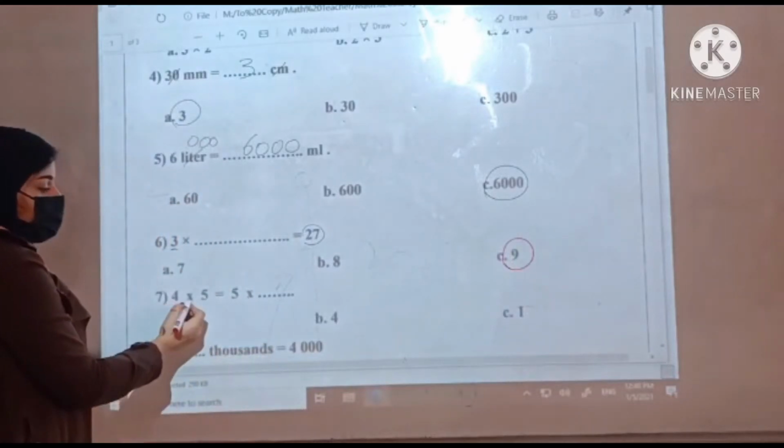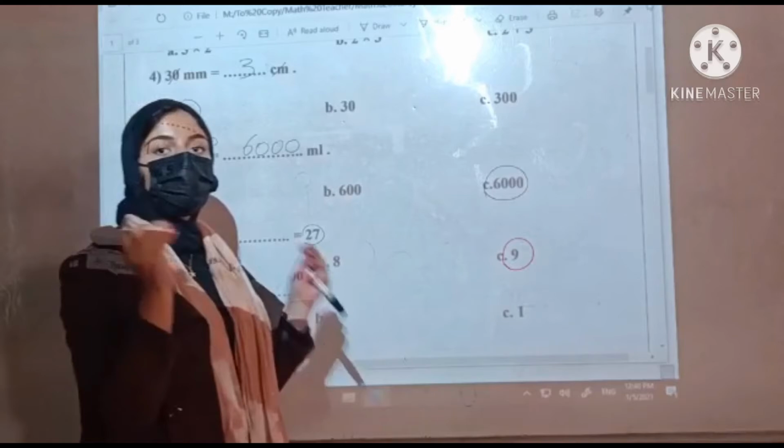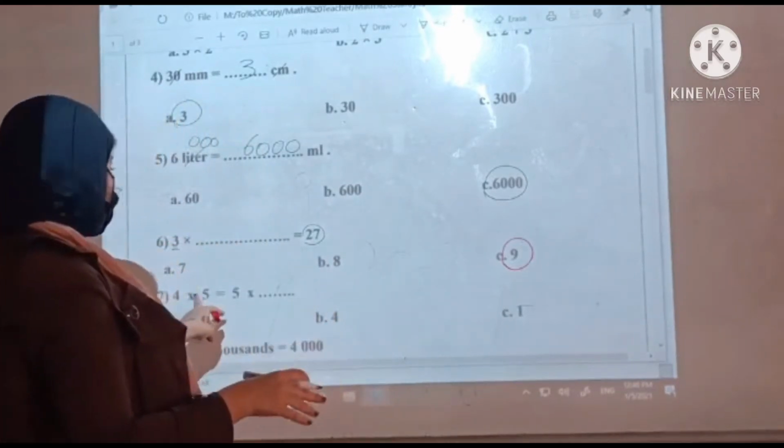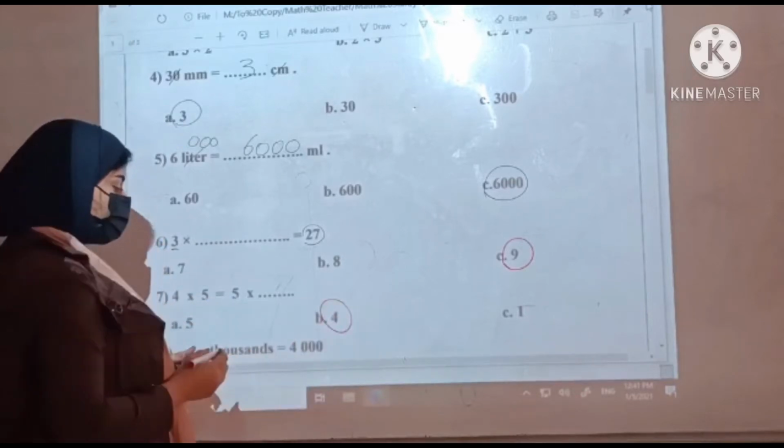Here I have 4 times 5 equal 5 times what? It's what? It's a commutative property, Junior 3. Yes, I just changed places. So 4 times 5 equal 5 times 4.